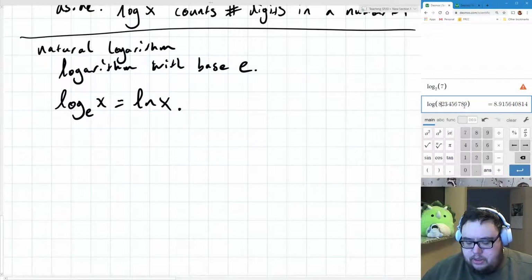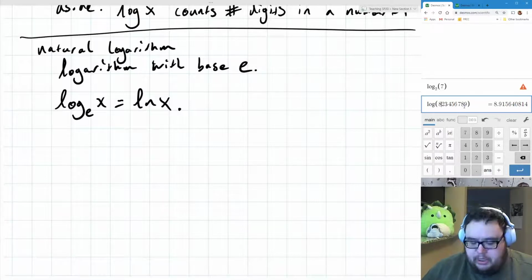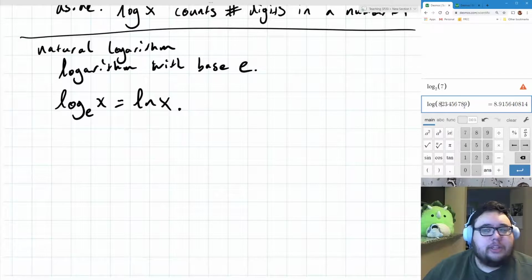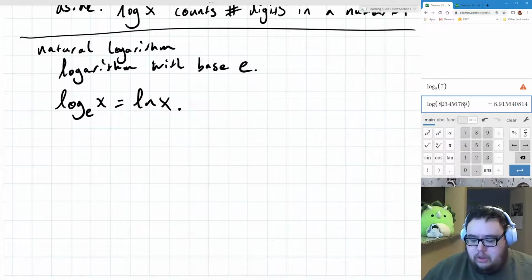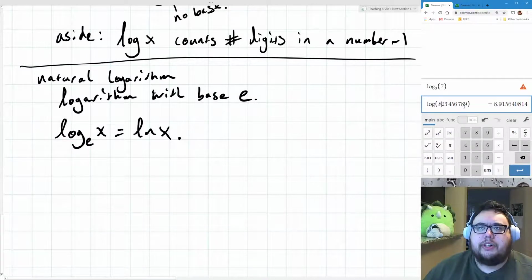I use the natural log a lot when I'm solving logarithmic equations, because it has two letters instead of three letters, so it's faster to write. So I tend to use ln instead of log base 10. You can use log base 10 anywhere I use ln, and you should end up with a similar result, if not outright the same result. Actually, it should always be outright the same result eventually.